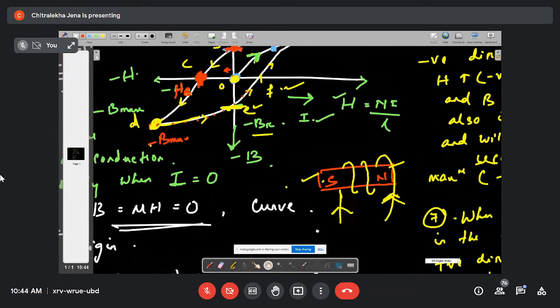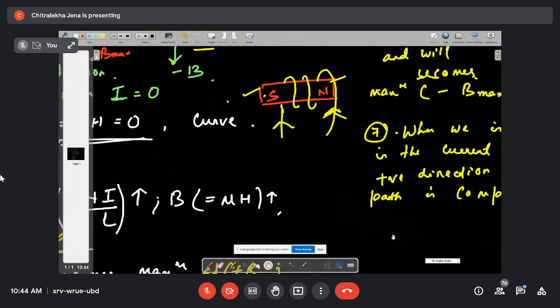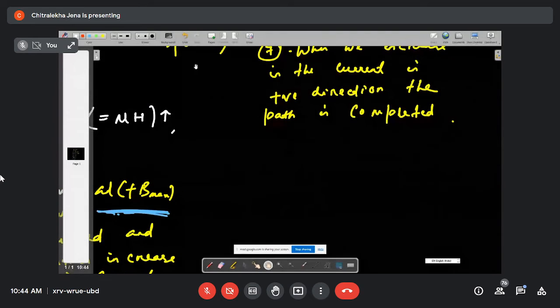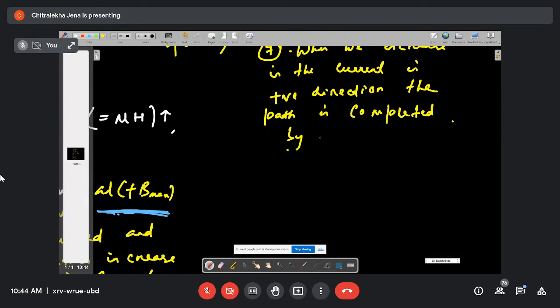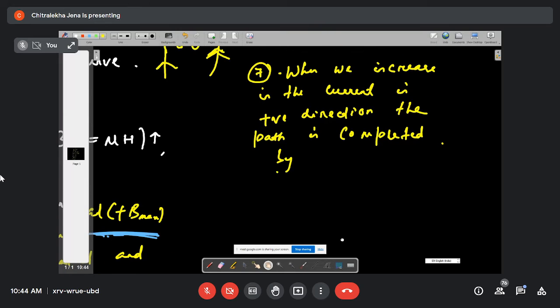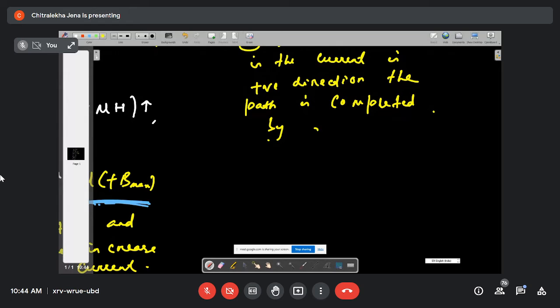All of you got it? How is it a hysteresis loop? You just take the values, you will see that B lags behind H. So what is my path? Tell me up to what the path was completed. D, E, F, A. Very good. So this loop is the hysteresis.